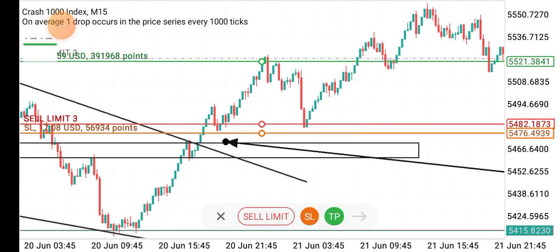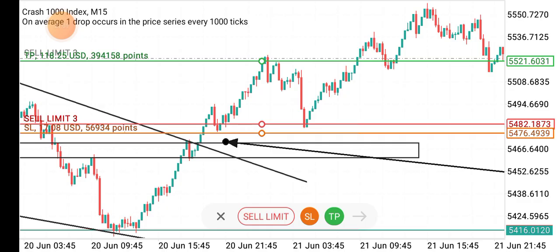I usually use 5.0 to trade Crash 1000, but even if you use 1.0, see my 3.0 lot size is giving $118, meaning with 1.0 lot size you can make at least about $35 with this setup. And 1.0 lot size will require about $9 or so. It's less than $10. So even if you have $40 on your account or $30 you want to try, you can do it, and you'll make something reasonable.